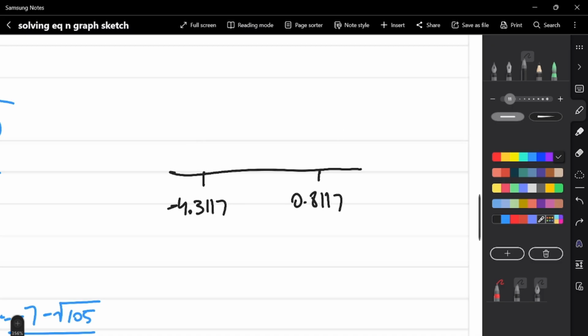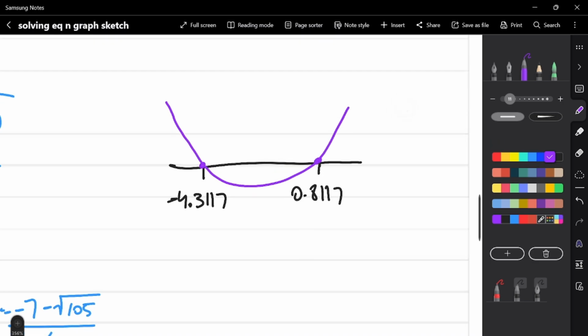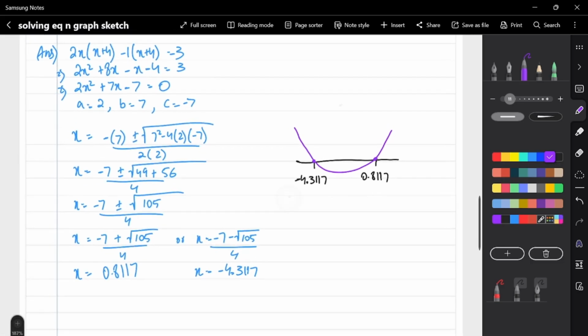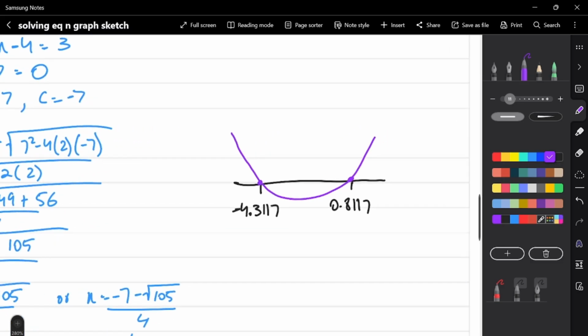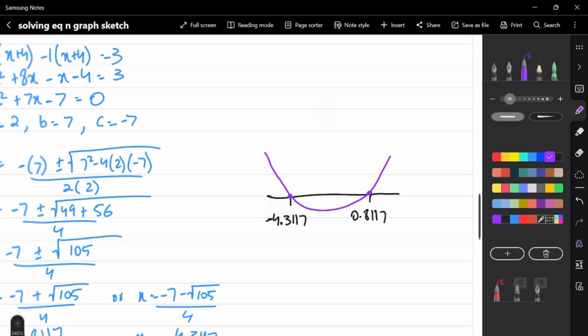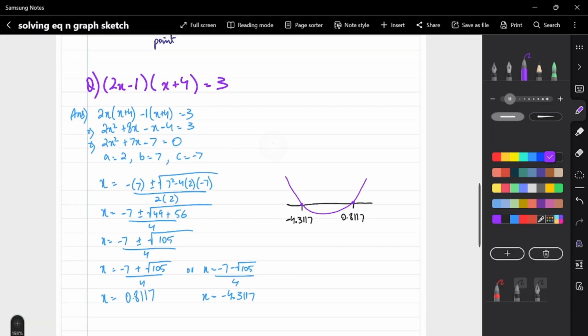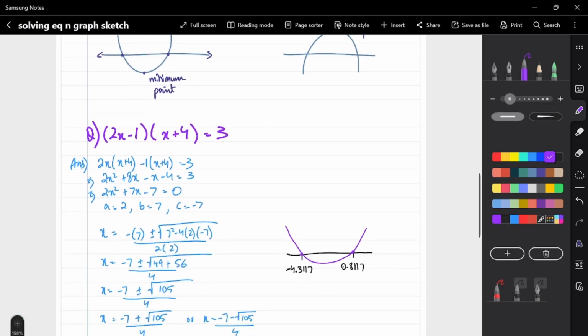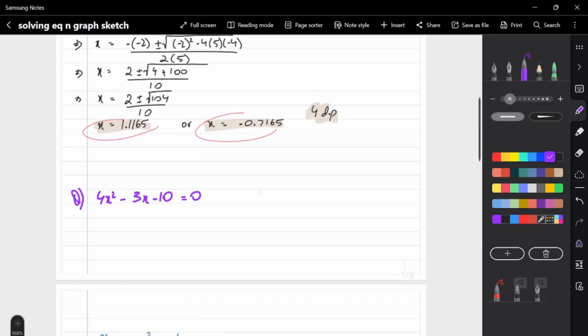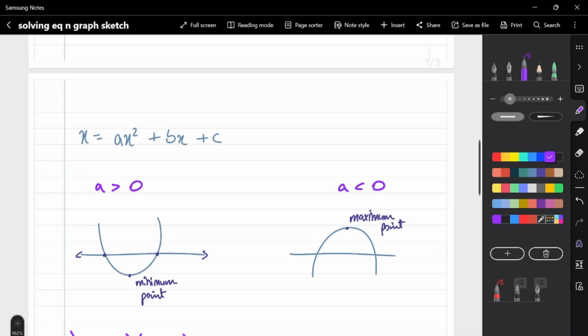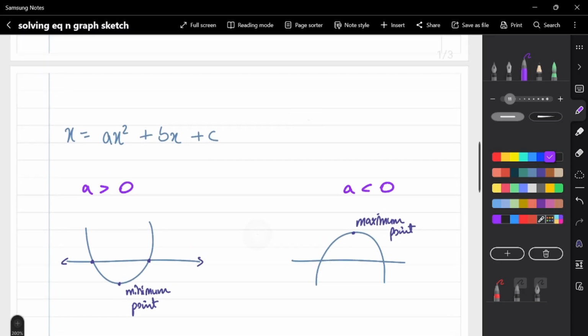Oops, let me make it a different color. Yeah, so the curve is going to be cutting at these values, and we have figured out how to solve simple equations, and how to sketch the graphs. Now time to dive deep into the curves.